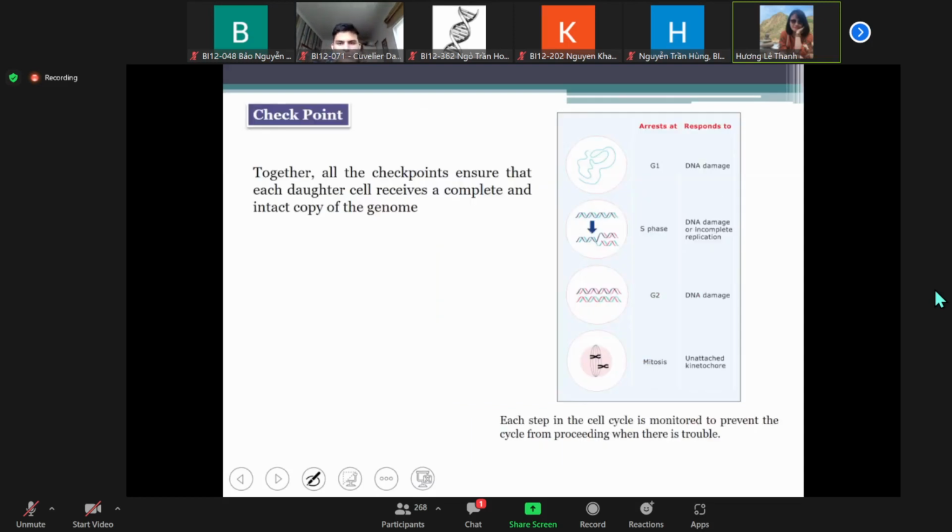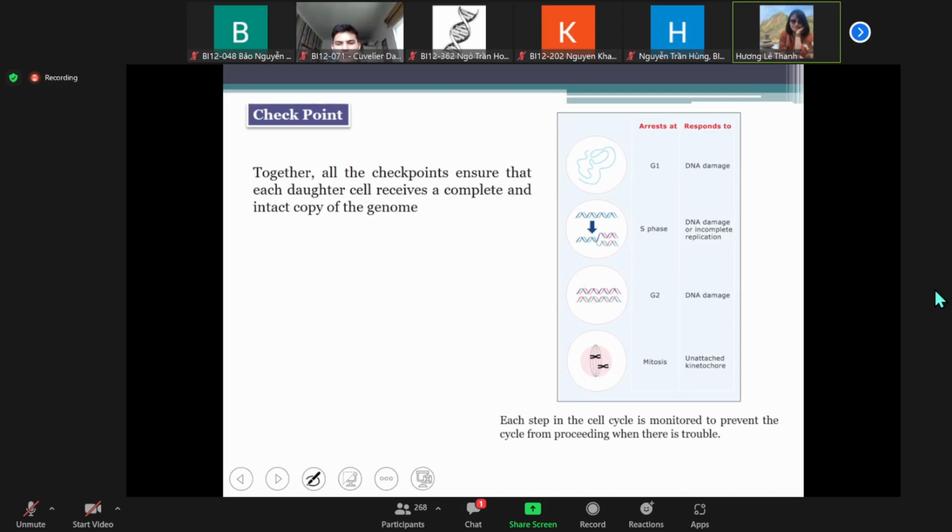So for the next, whenever the cells want to pass from one state in the cell cycle to move to another state, they need to pass through a checkpoint. So all the checkpoints ensure that each daughter cell receives a complete and intact copy of the genome.